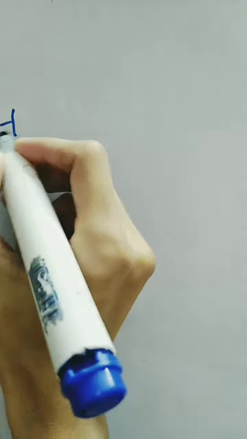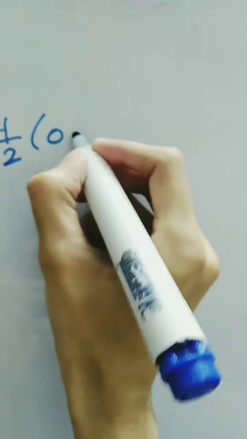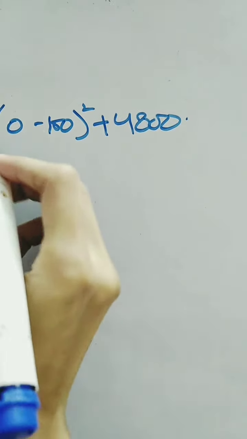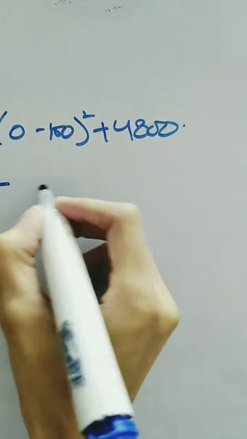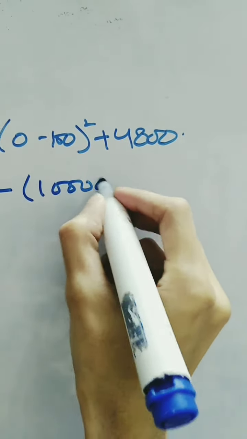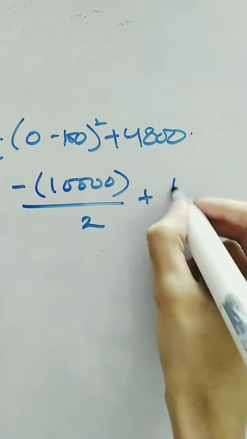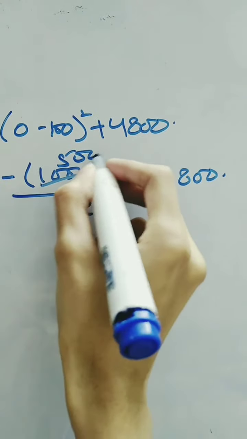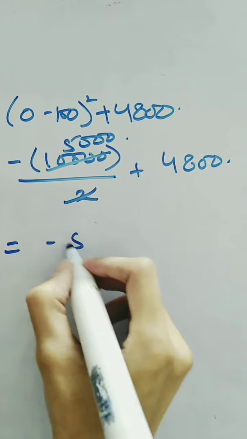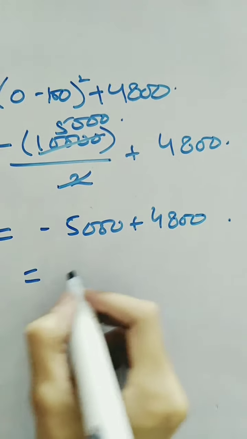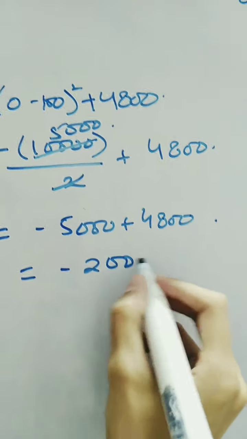We have minus half (0 minus 100) whole squared plus 4800. So minus, and this minus minus, divided by 2, plus 4800. Now these factors cancel out, and this is the minimum profit.